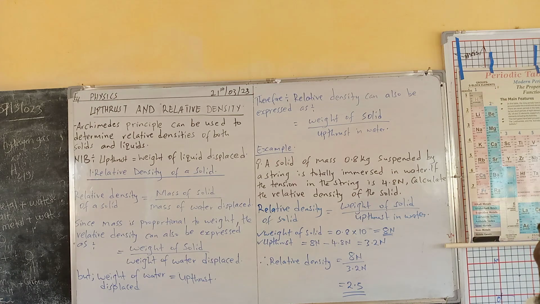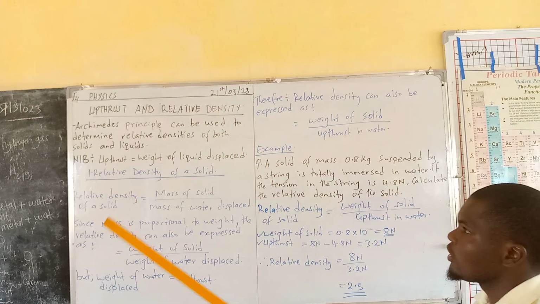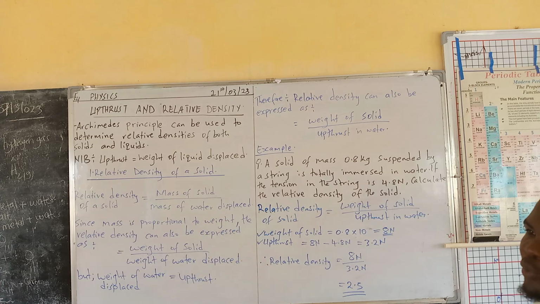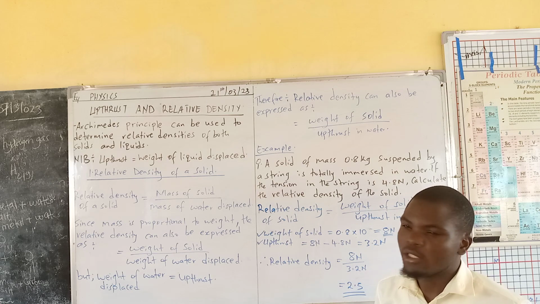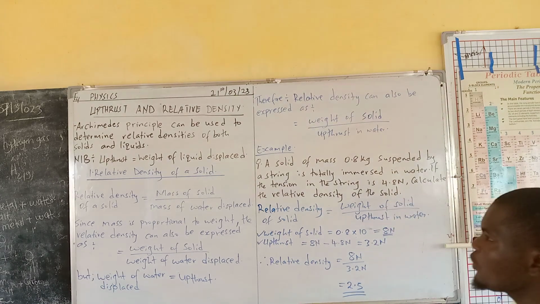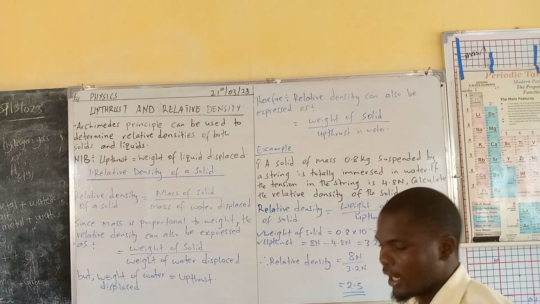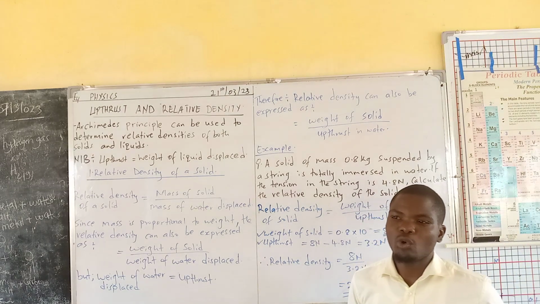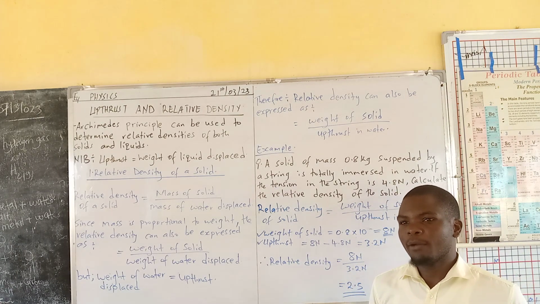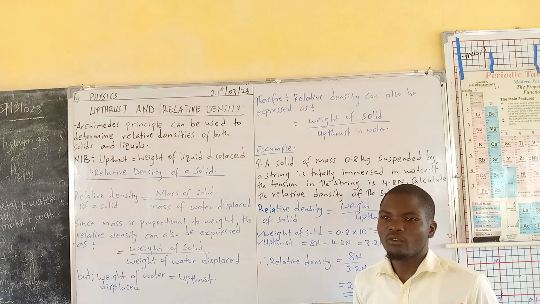From the Archimedes principle, and in this lesson we are focusing more on the Archimedes principle, which says that upthrust is always equal to the weight of the liquid displaced. Assume an object is immersed in water, either partially or fully immersed.